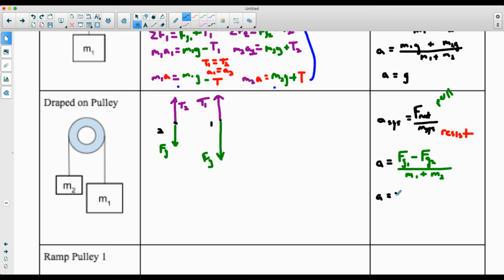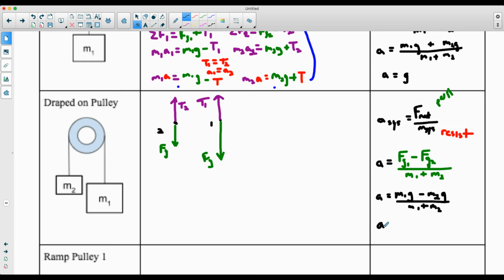This is going to be M1 times G minus M2 times G over the sum of the masses, M1 plus M2. So it might look like it's going to cancel, but it isn't.